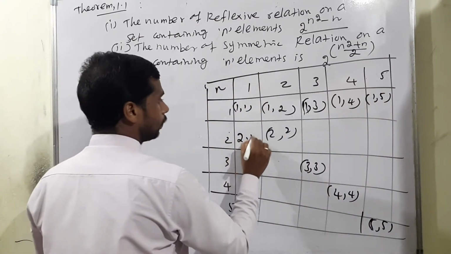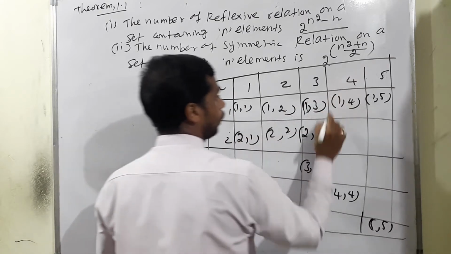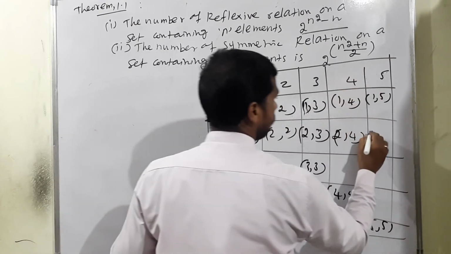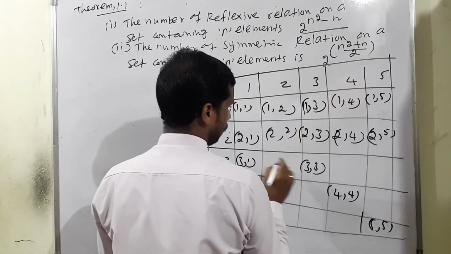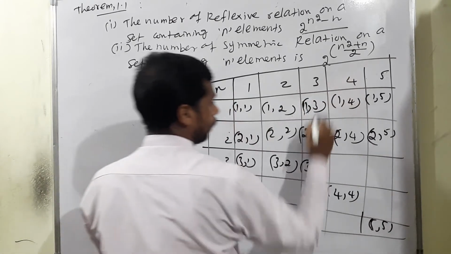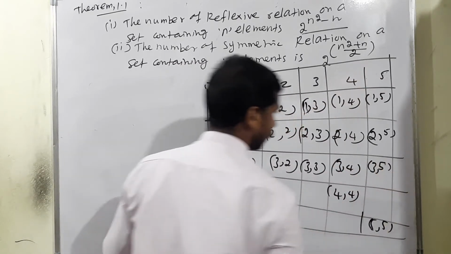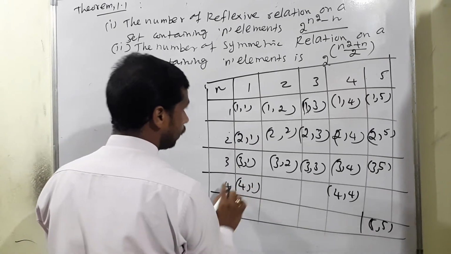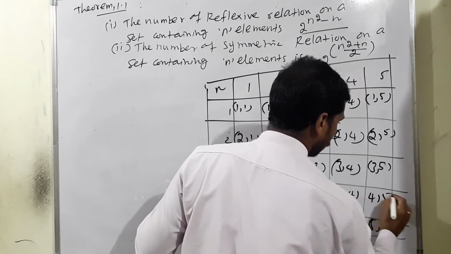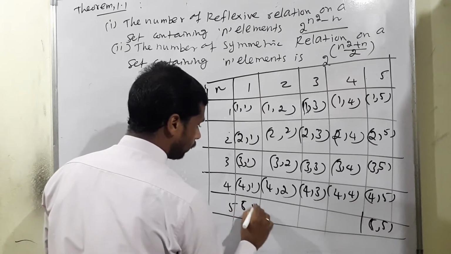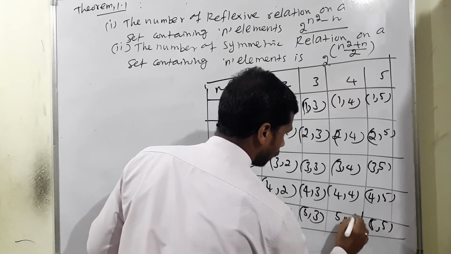2 comma 1, then 2 comma 2 is already written, 2 comma 3 will come, then 2 comma 4, then 2 comma 5, then 3 comma 1, 3 comma 2, 3 comma 4, 3 comma 5, then 4 comma 1, 4 comma 2, 4 comma 3, the last one 4 comma 5, again 5 comma 1, then 5 comma 2, 5 comma 3, 5 comma 4.